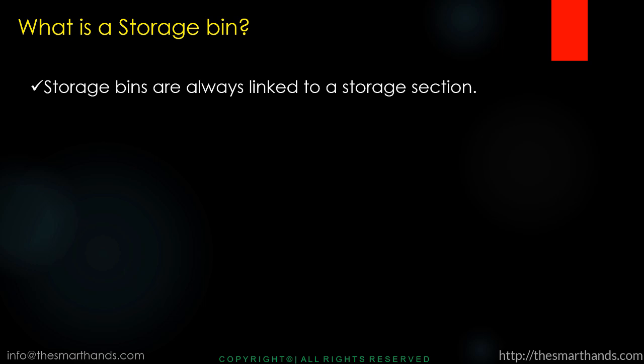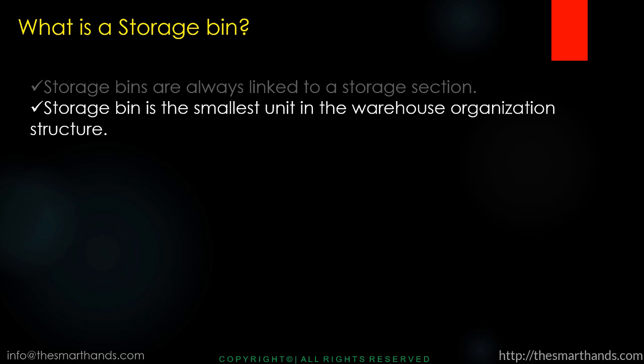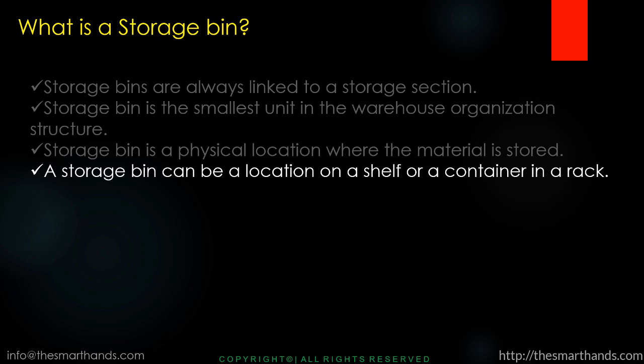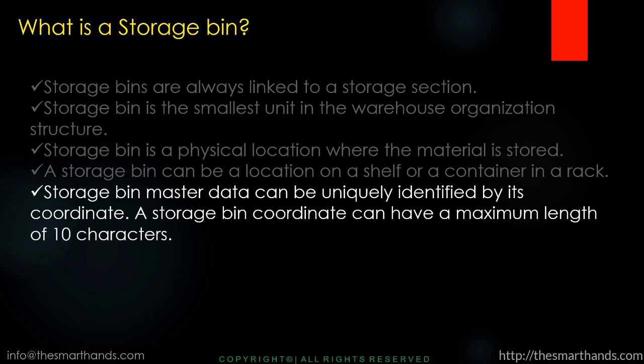Storage bins are always linked to a storage section. A storage bin is the smallest unit in the warehouse organization structure. It is a physical location where the material is stored, and it can be a location on a shelf or a container in a rack.